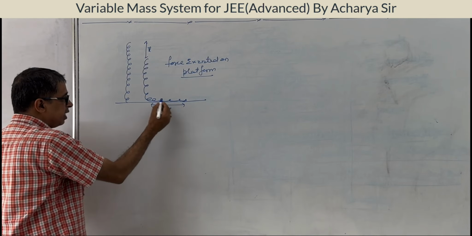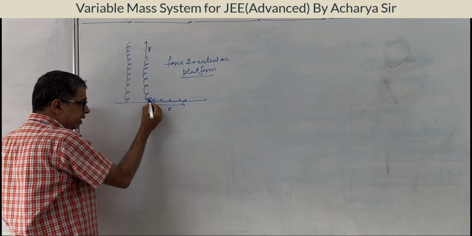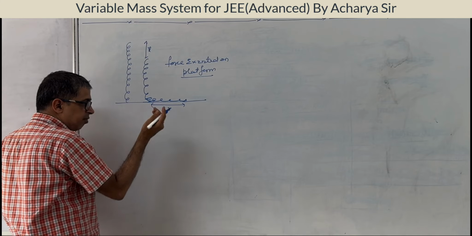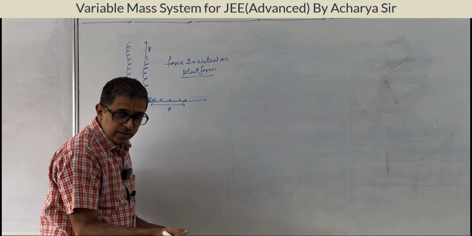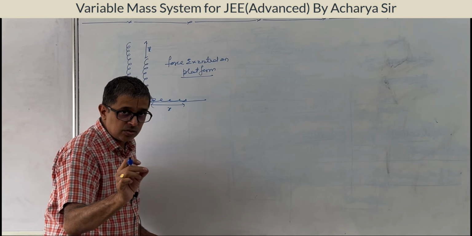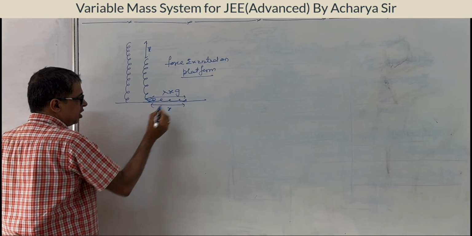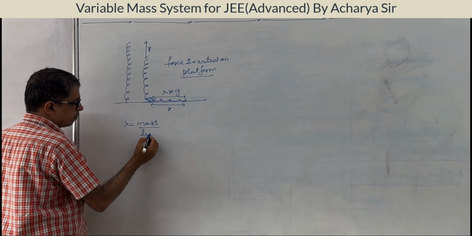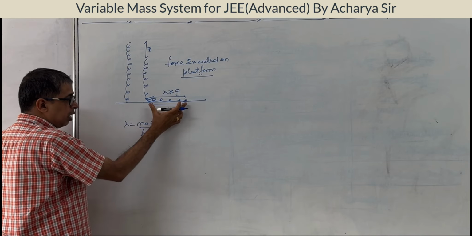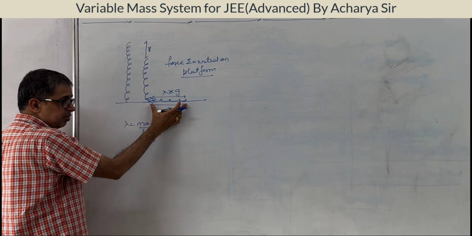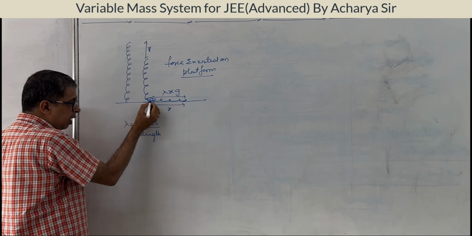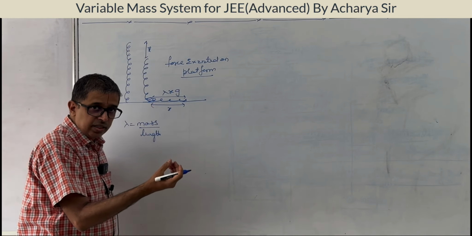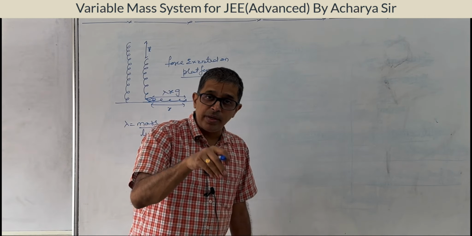Along with the weight of this part, lambda x g, where lambda is the mass per unit length, there is a small element which is striking the platform and coming to rest. I repeat this line, pay attention.